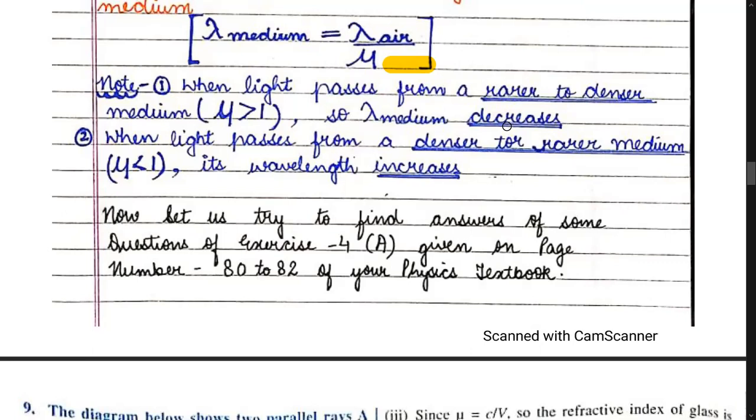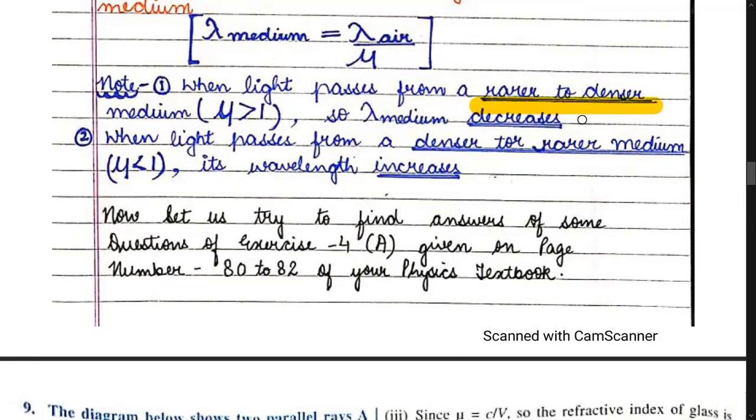When light passes from denser to rarer medium, the refractive index is less than 1, so its wavelength increases.